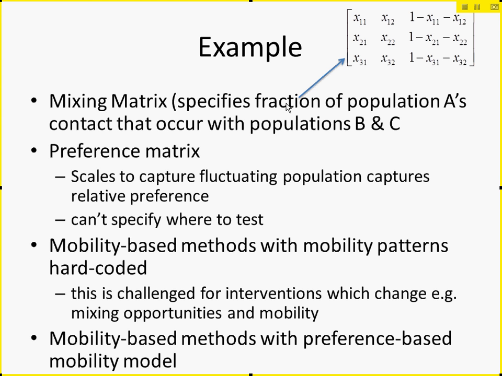So we can characterize in a network-type context how frequently all pairs of individuals in this room interact. We could have a weighted graph where each connection between individuals is associated with a certain real number representing the average number of minutes per day that that pair of individuals interact.